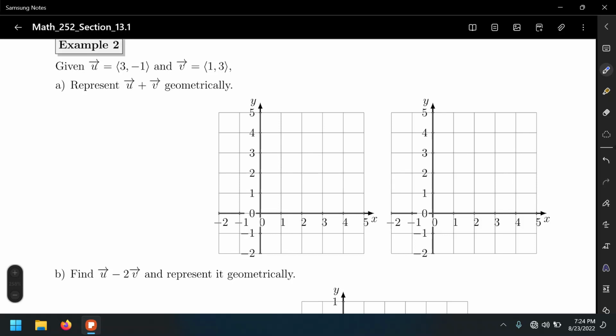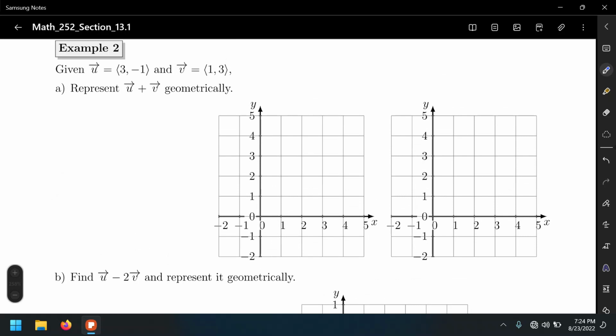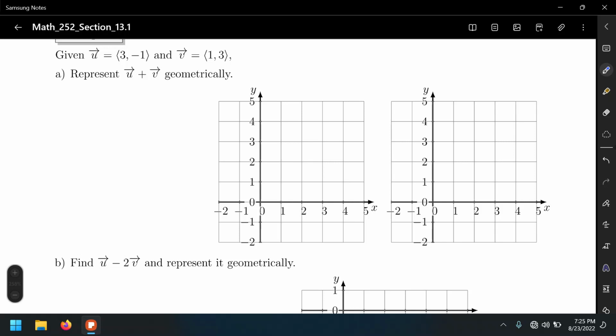So we have the vectors u = (3, -1) and v = (1, 3). Represent u and v geometrically. I have two Cartesian planes. Number one to do the triangle method, and number two to do the parallelogram method.